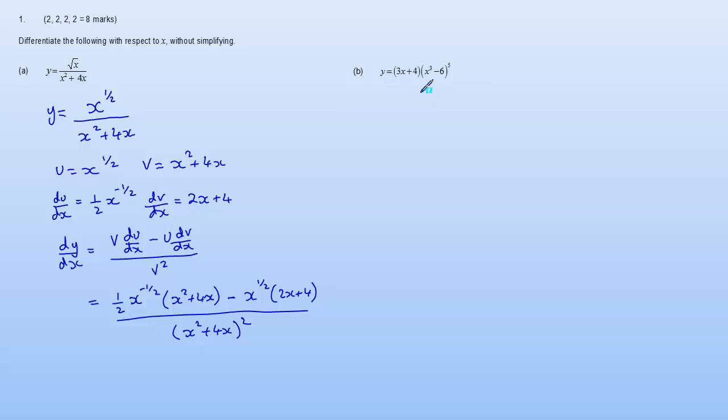Now here in part B we have a product. U is 3x plus 4. V is x squared minus 6, all to the power 5. So we're going to need to use the chain rule here.